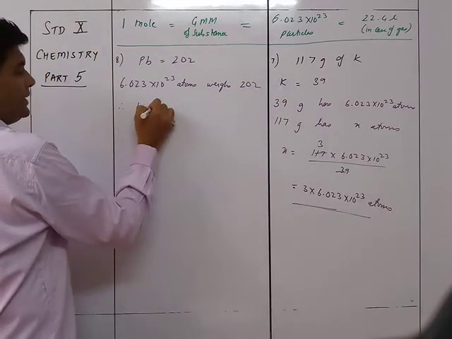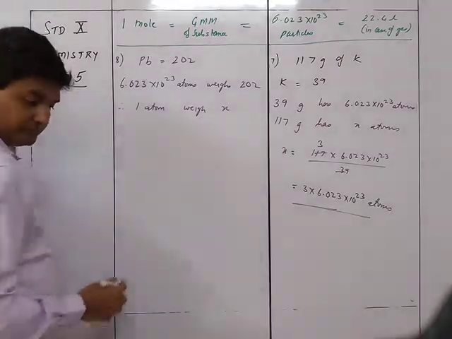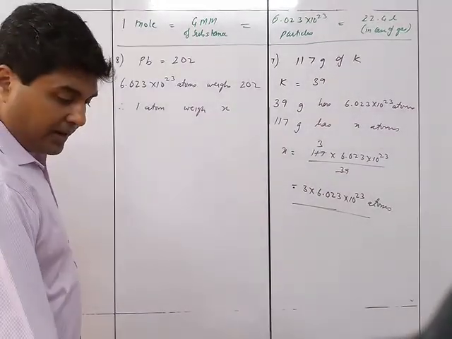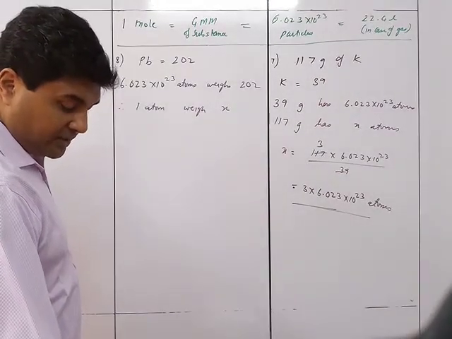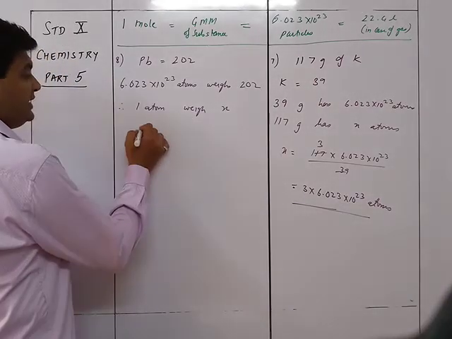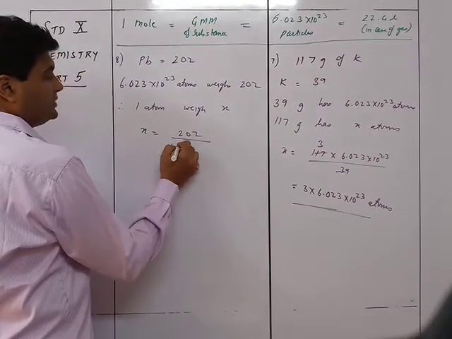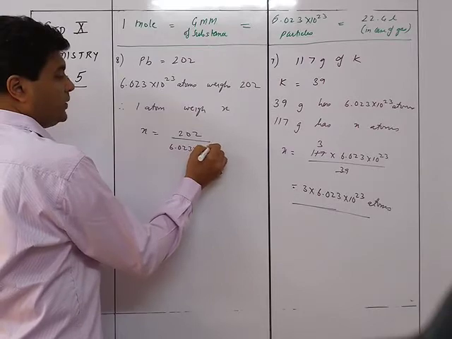Therefore, one atom weighs X. Okay, kind of difficult calculation as such, but otherwise the understanding is very easy. So X equals 202 upon 6.023 into 10 raised to 23.